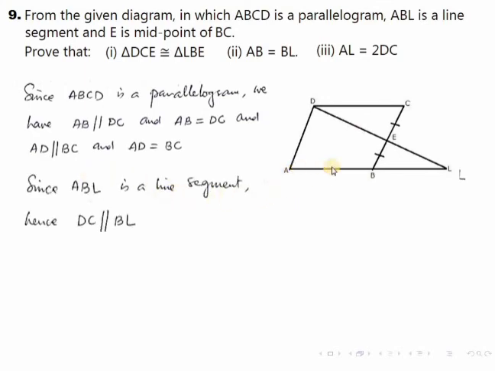Since ABL is a line segment, and AB is parallel to DC and ABL is the same line, the extended line, we can say that AL and DC are parallel, and at the same time DC will be parallel to BL as well. That's what is written here.